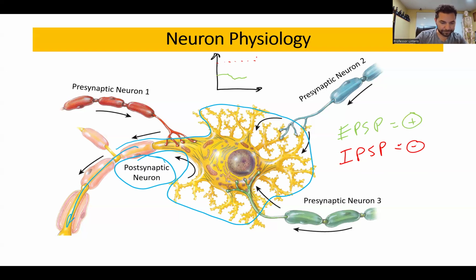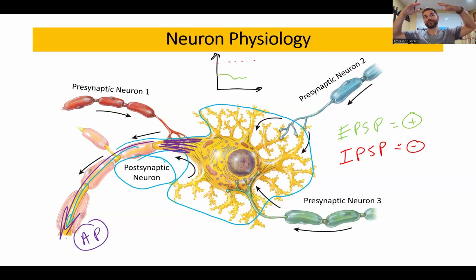And here at this axon hillock will be the decision-making process of, do we send an action potential or do we not? So simply put, graded potentials will either help it reach threshold and thus send an action potential, or they will not. And that is what EPSPs and IPSPs are.